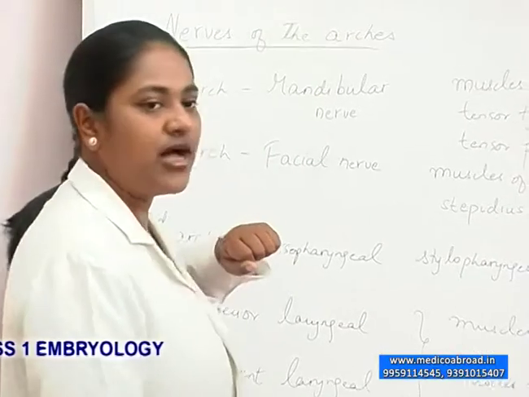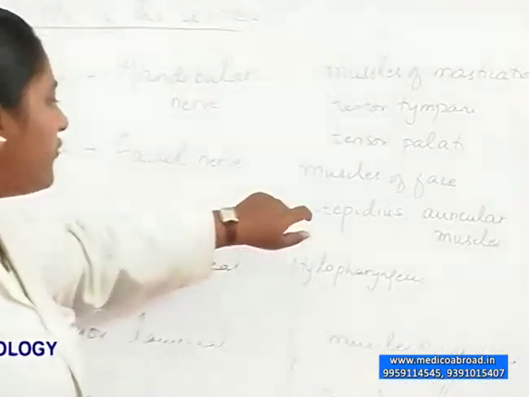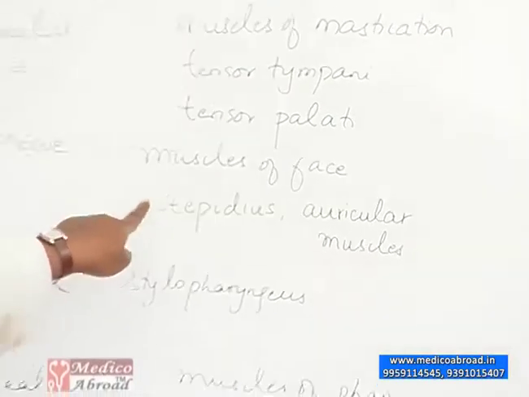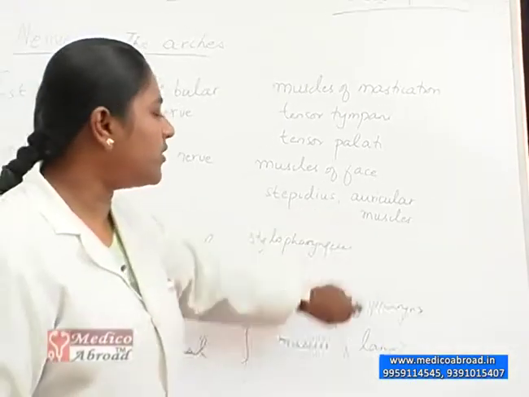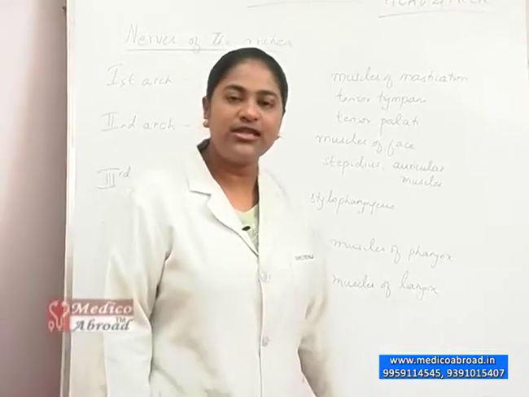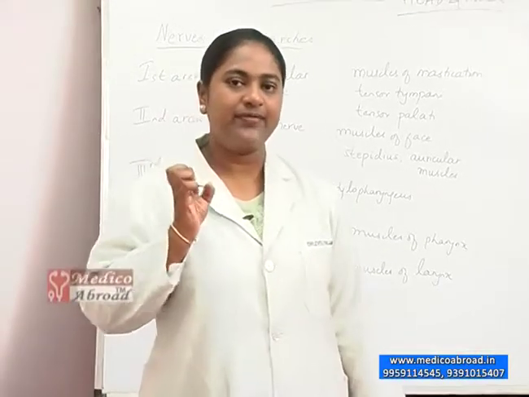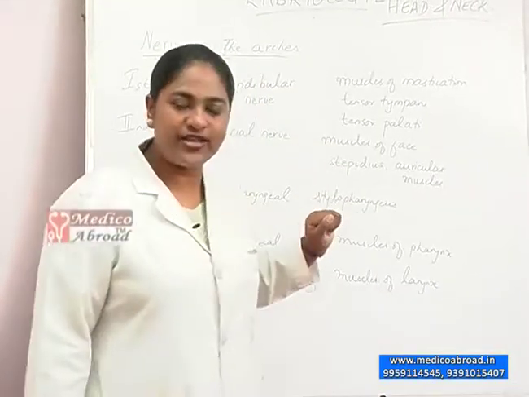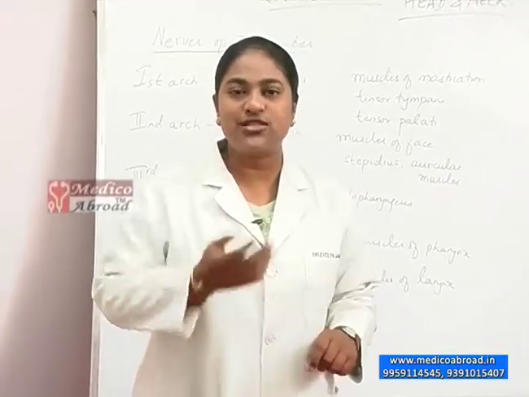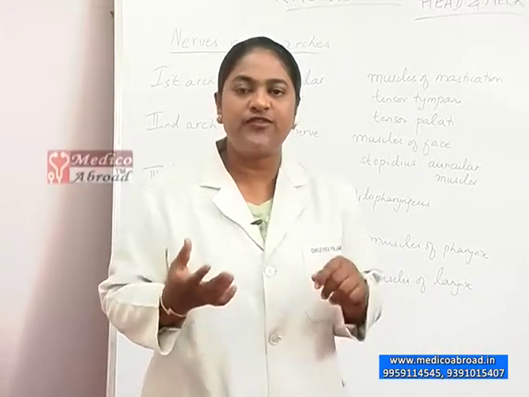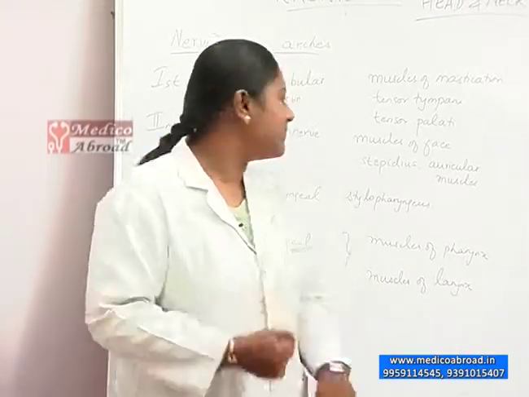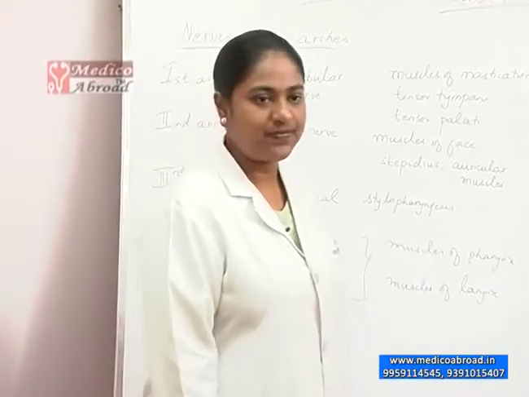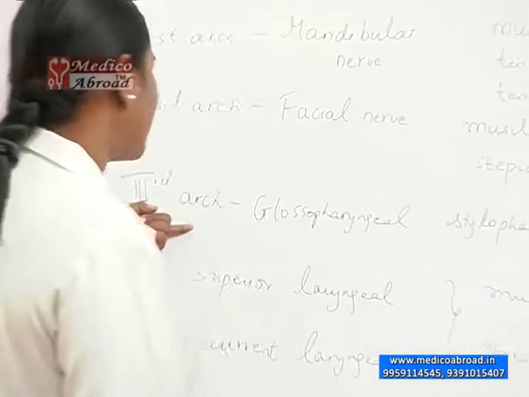It supplies all the muscles of expression of the face, stapedius and the auricular muscles. Now these help in hearing. The facial nerve supplies all the muscles of the face and therefore controls facial expressions, as well as stapedius and auricular muscles.